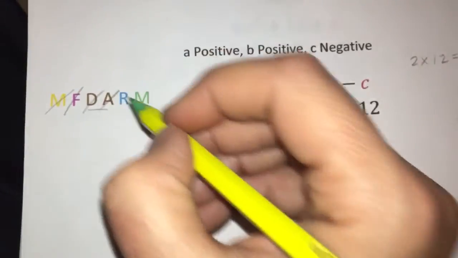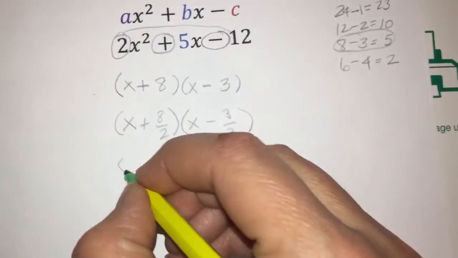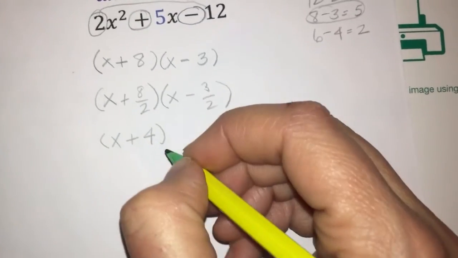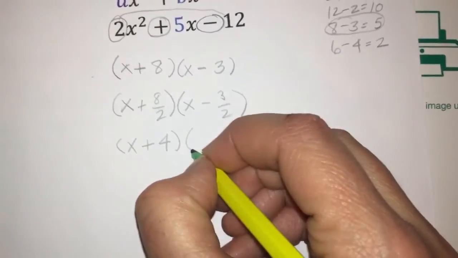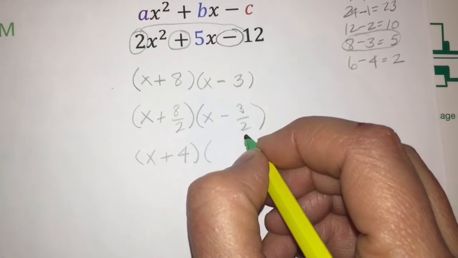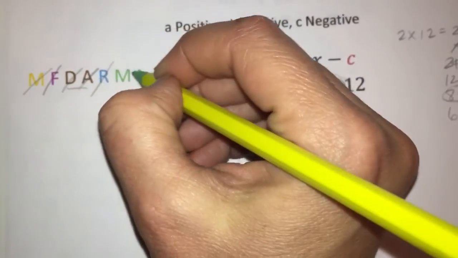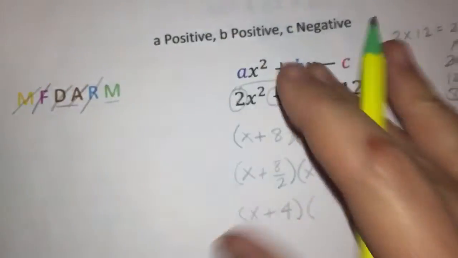After you divide by A, the next thing you're going to do is reduce. So I'm going to come back over here and see if I can reduce anything. In this case, I can. 8 over 2 can be reduced to 4. I cannot reduce 3 over 2. So that's when I'm going to go to moving.